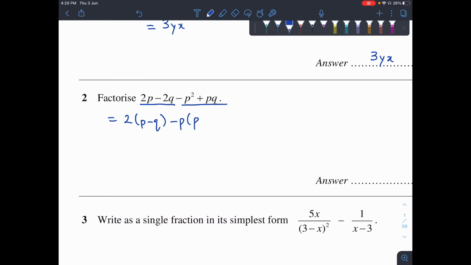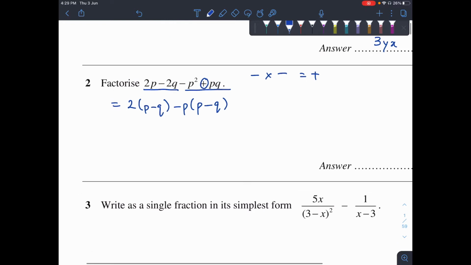So this would be p, and because this is a plus sign over here, you know that minus times minus would give you a plus. So that's why you have to put in a minus here to give you p minus q. So after this, you realize that there is another common factor, p minus q. So for that, you can factorize it and take it out, and then you copy 2 minus p. So that would be your answer.